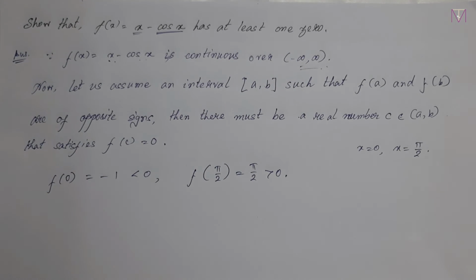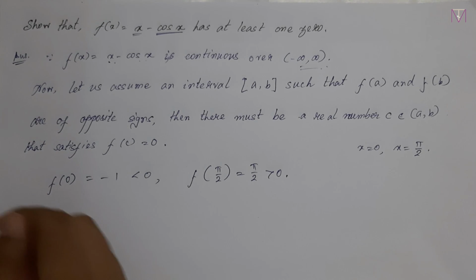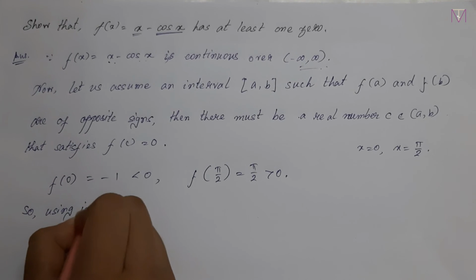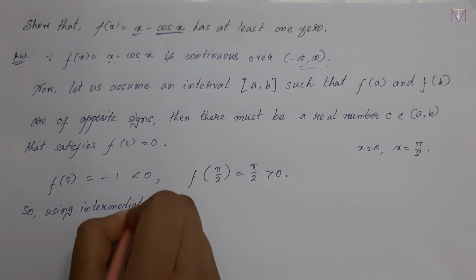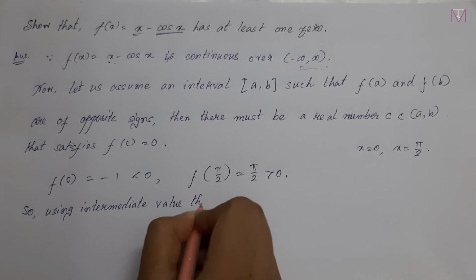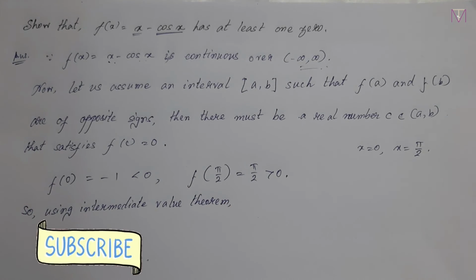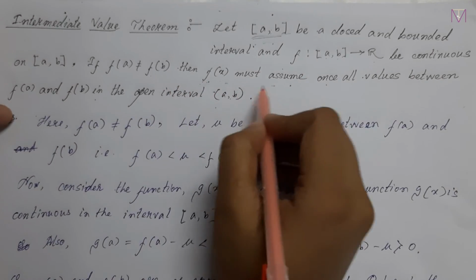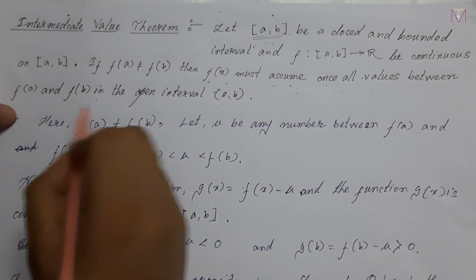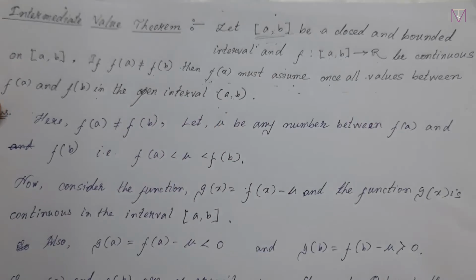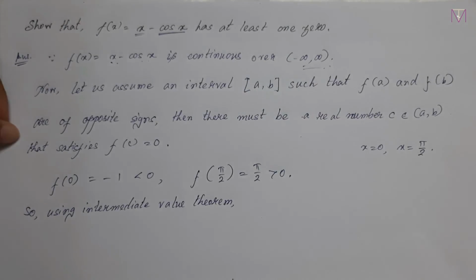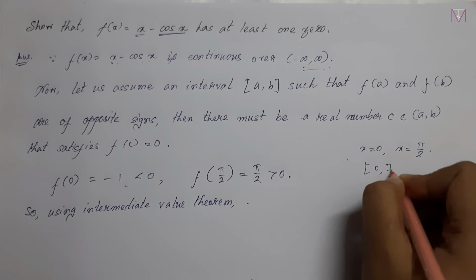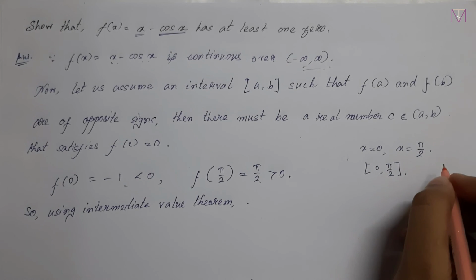Now we will apply the intermediate value theorem. So using the intermediate value theorem, what was that? f(x) must assume once all values between f(a) and f(b) in the open interval (a, b). So here we can see that in this interval 0 to pi by 2, there must be at least one point where f(x) is equal to 0.